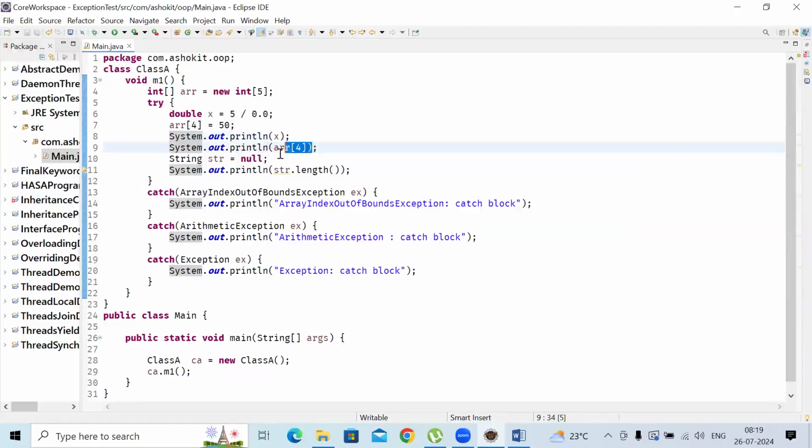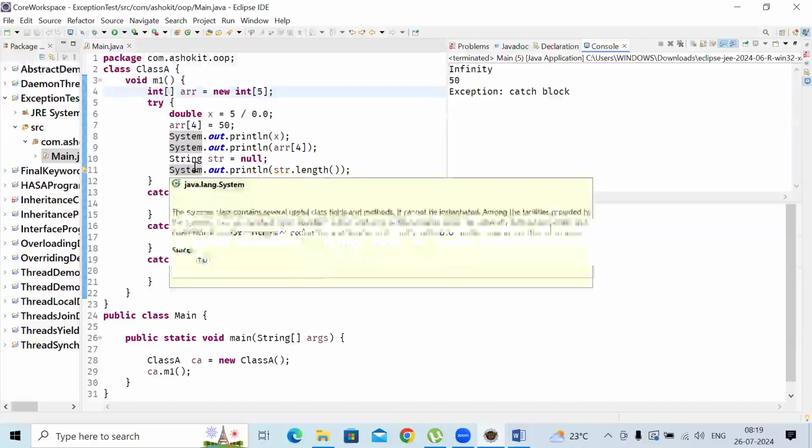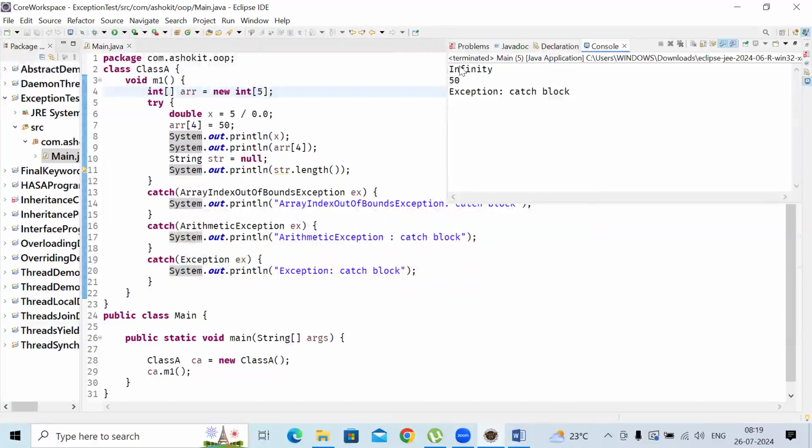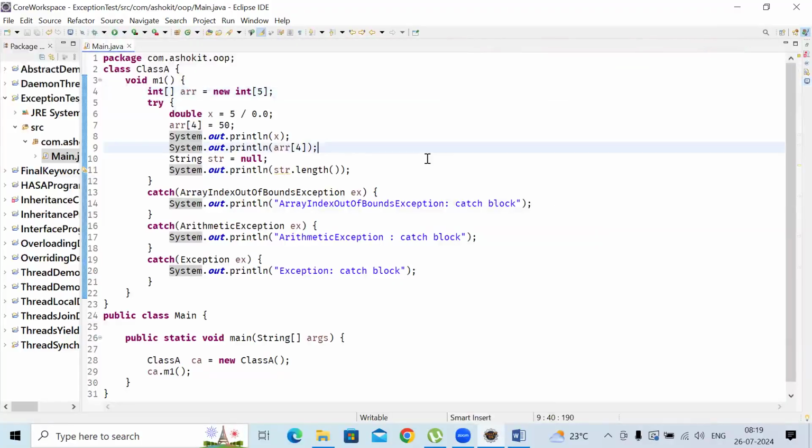What's the value of arr[4] displayed? 50. So what's the output now? Infinity, 50, and Exception catch block. You got the output here? Infinity, 50, Exception catch block.